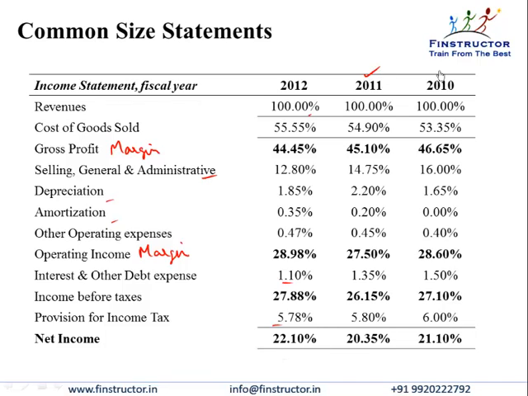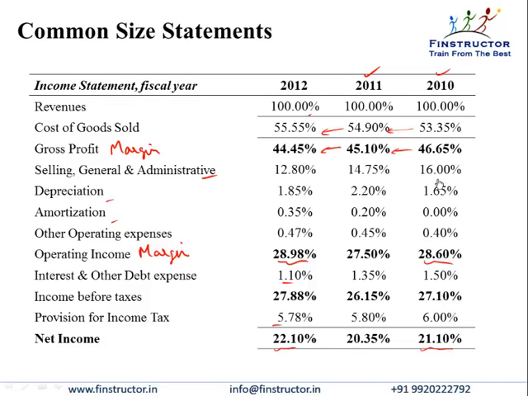Similar calculation has been done for each of the preceding years. So the common sized income statement shows that even though the company's gross profit margin has been coming down, you see the raw material costs as a percentage of sales have been going up over the past couple of years. The company's operating margin and net margin has pretty much been intact, rather marginally improved because of good control over other costs.